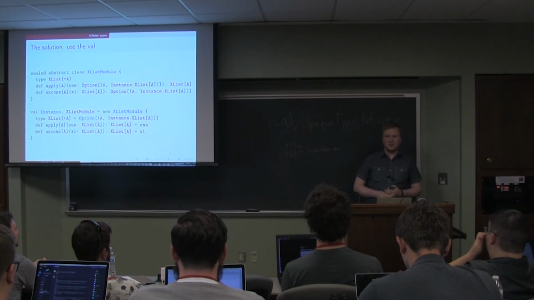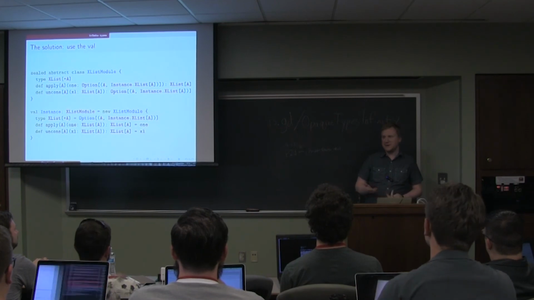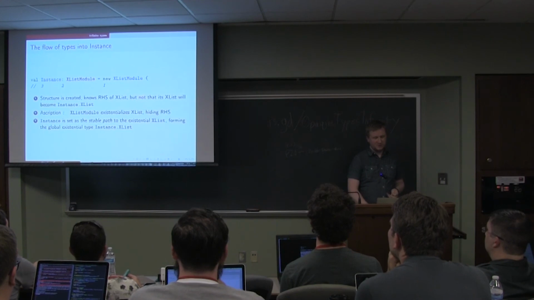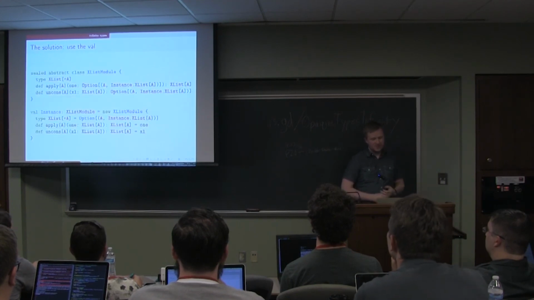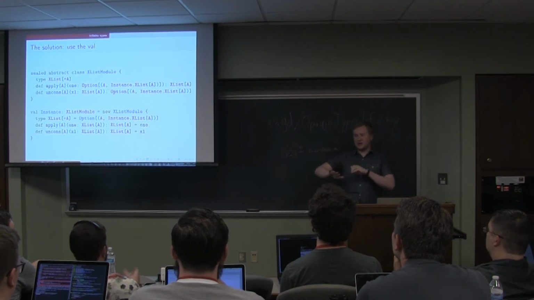Exactly. The question was about saying that the xlist underneath xlist is actually instance.xlist. Absolutely. In terms of rolling and unrolling, what uncons here is doing is unrolling exactly one layer of our abstraction.